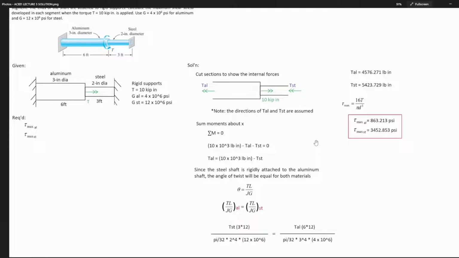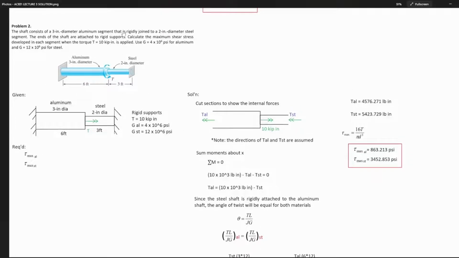Okay, so this is it. Yung example. So, since the steel shaft is rigidly attached to the aluminum shaft, the angle of twist will be equal for both materials. Ito guys, dapat, marunong kang mag-analyze ng problem. Kasi sabi sa problem, di ba, rigidly joined. Pag sinabing rigidly joined, kung ano yung magiging angle of twist ng isa, yun din yung angle of twist ng kabila.